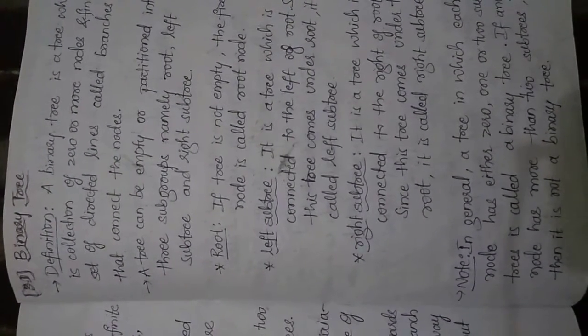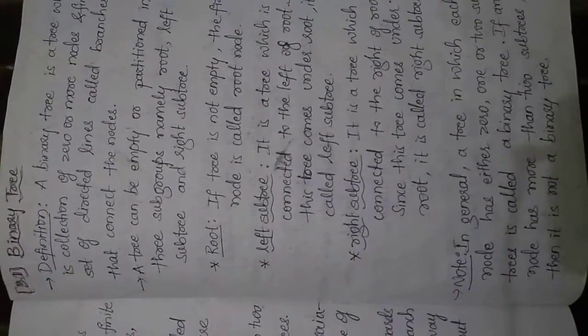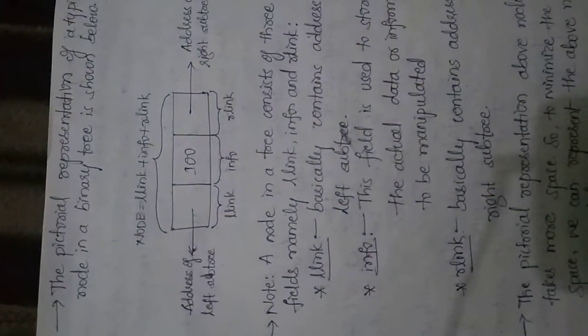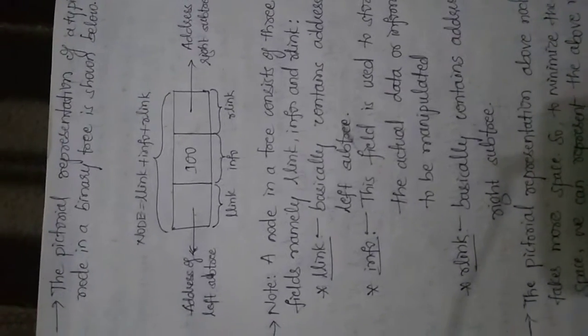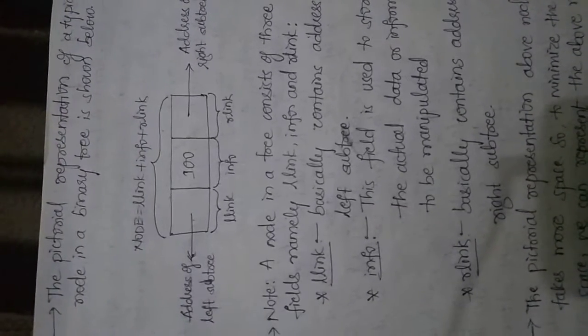When we look at the node structure, it consists of 3 fields, as in doubly linked lists.